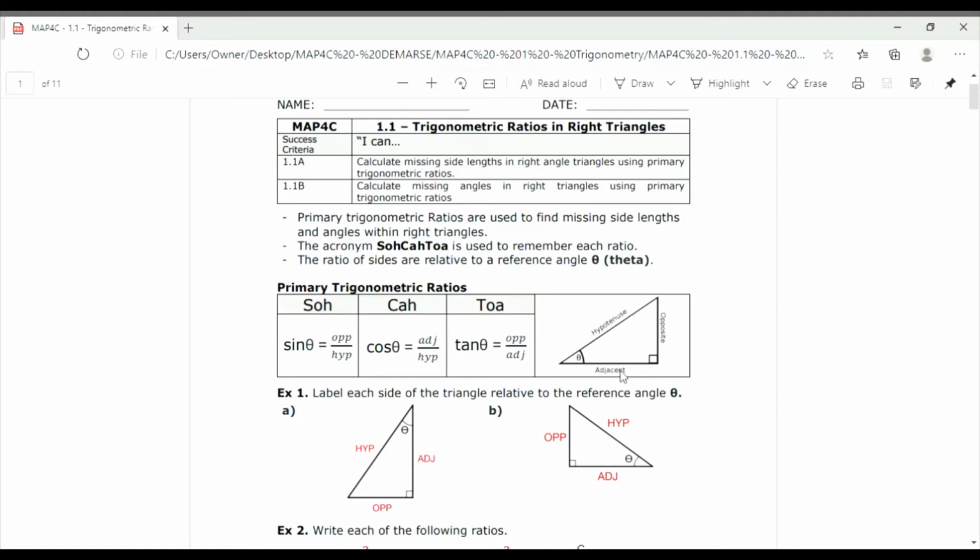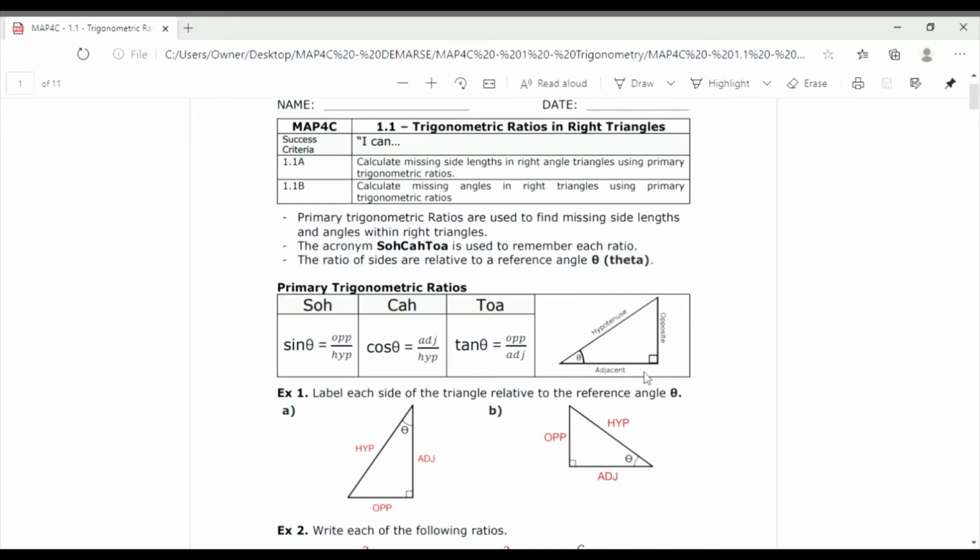For example, your next door neighbor living beside you is the house adjacent to you. So the adjacent side is the side right beside where theta is labeled, but not the hypotenuse. The hypotenuse is always the longest side, across from the right angle. So we have the hypotenuse, the opposite side, and the adjacent side.